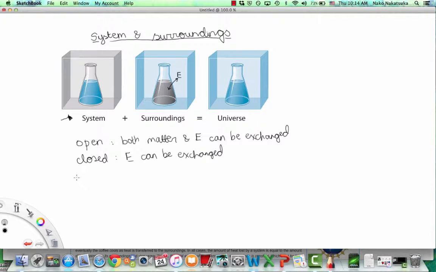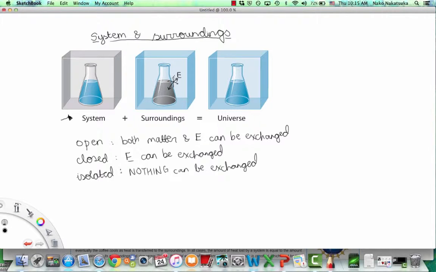And finally, we have isolated, which is where nothing can be exchanged. So just as the term states, when something is isolated, it's by itself and nothing can be exchanged with it. So in this case, energy cannot be exchanged from this flask to its surroundings.